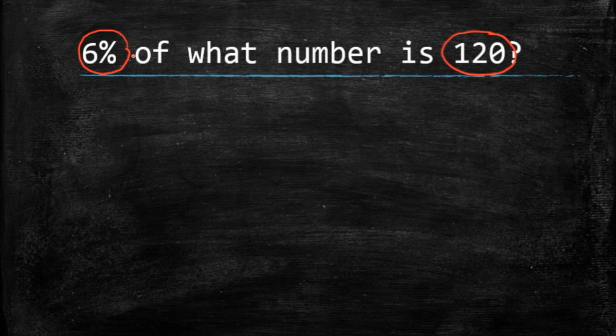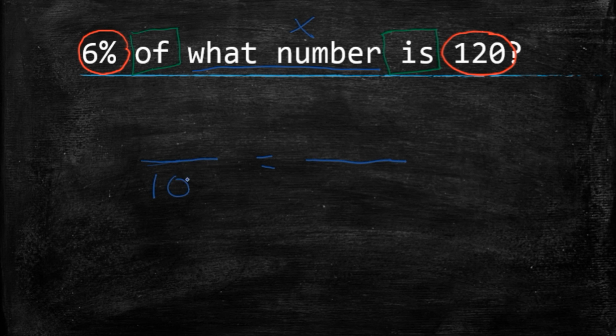So we circled our numbers there. We're going to underline our question, so that's our variable there. And let's box in the important words, which of course are "of" and "is." Okay, we're making our fraction bars and our equal sign.